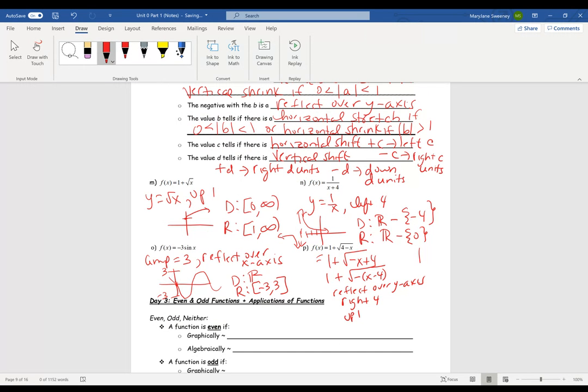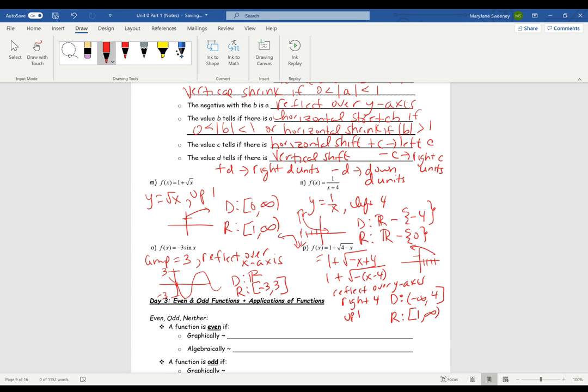So if I were graphing it, normally it jets like this, it's going to reflect, right 4 and up 1, and it's reflected over the y. So it would look like that. Domain is -infinity to 4, hard bracket. Range is what? 1 to infinity.